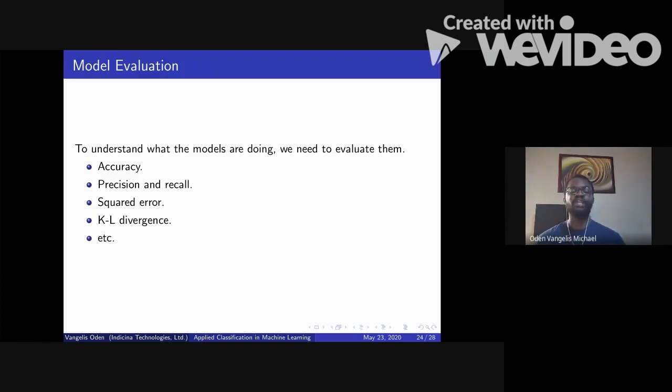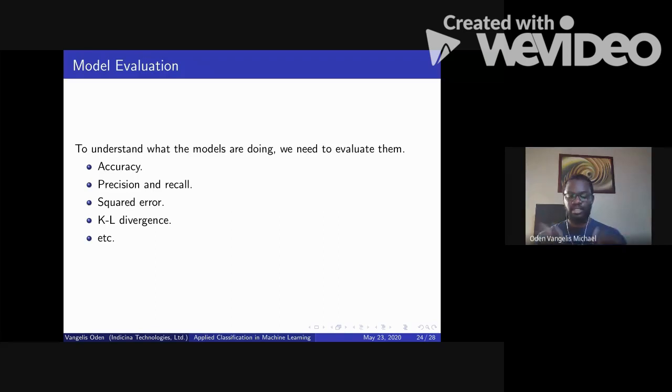Squared error, you would find that in regression tasks. KL divergence, you would find that in anomaly detection tasks. Accuracy, precision, and recall in most classification tasks. And what we basically try to do in accuracy is see how much.